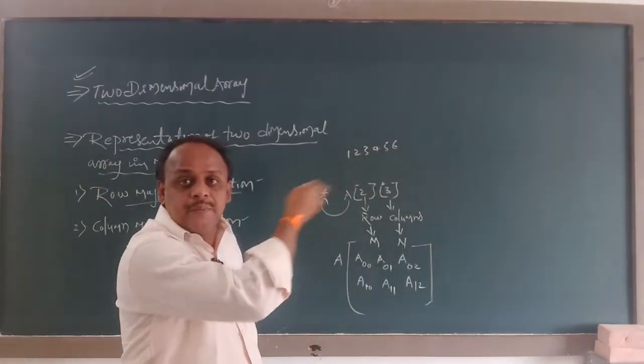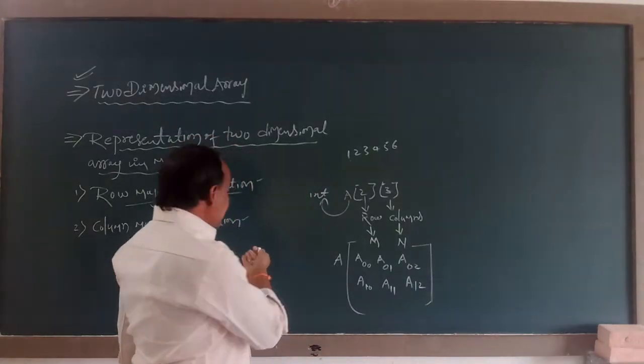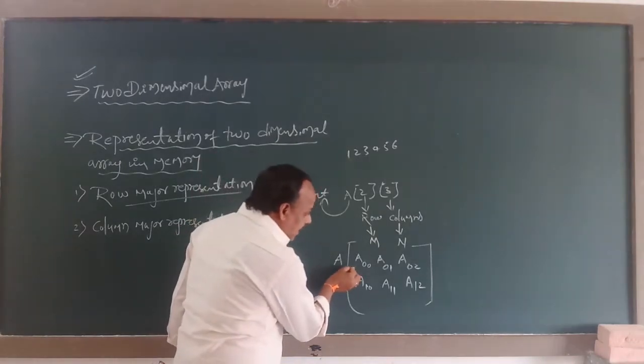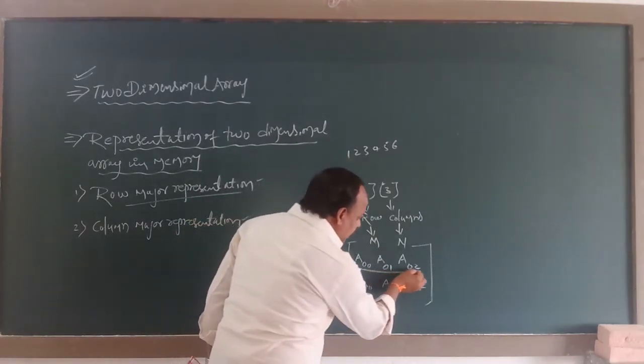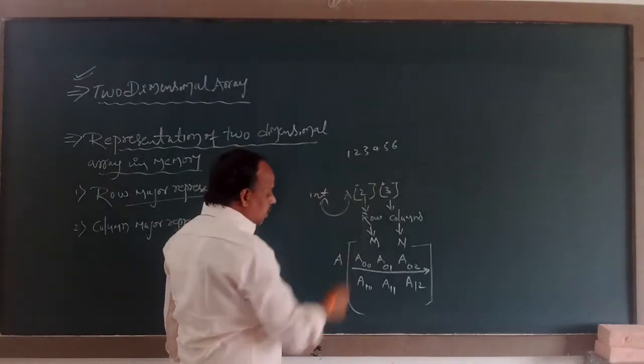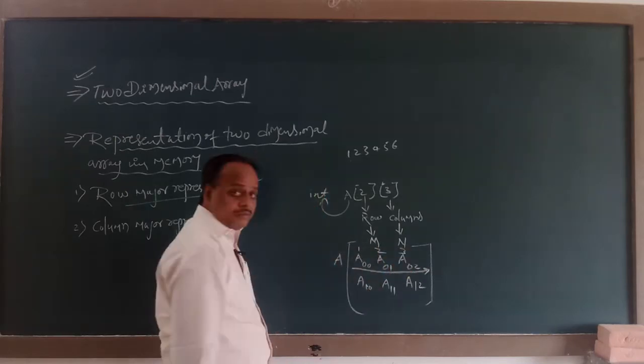So how are these elements going to be filled? Suppose the array representation is in row manner, it means the entered array elements are going to be filled in this way. The first entered 3 elements are going to be filled as 1, 2, 3.